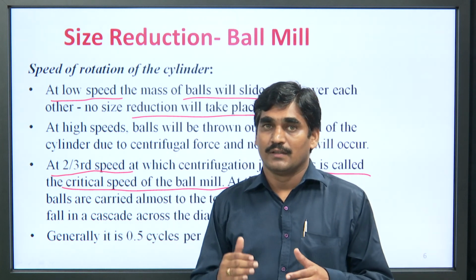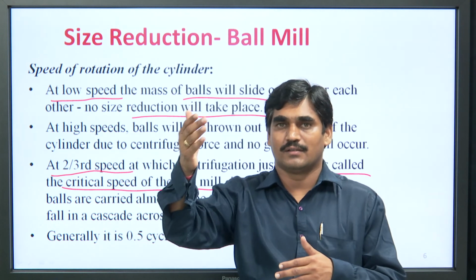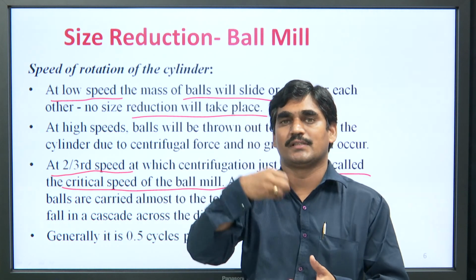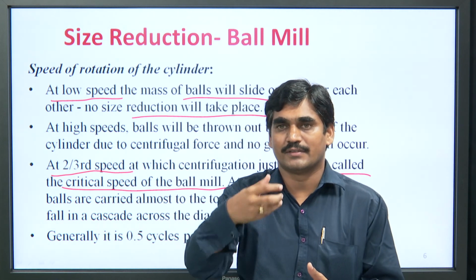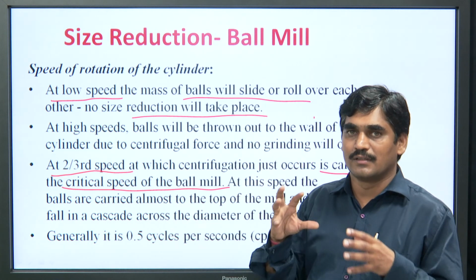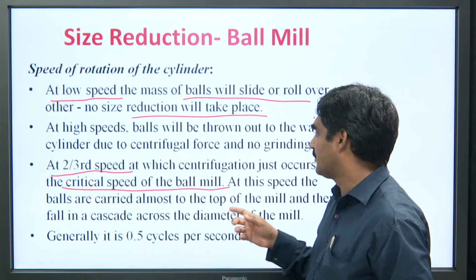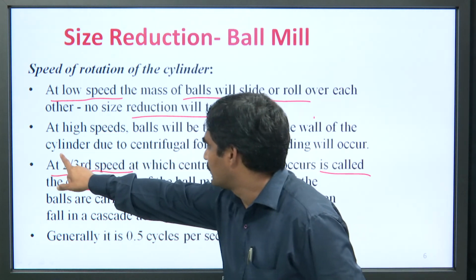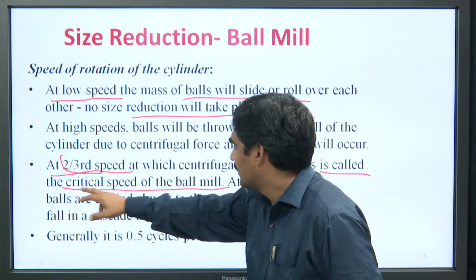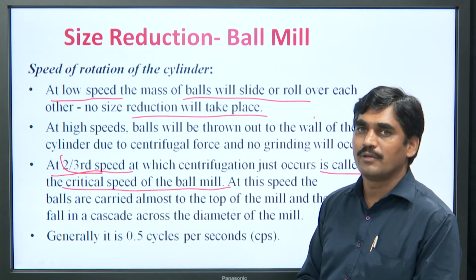That means, before the start of centrifugal force, or at the point at which centrifugation just starts, that speed is the critical speed or optimum speed. So, that is 2/3 speed at which centrifugation just occurs, that is called the critical speed of the ball mill.